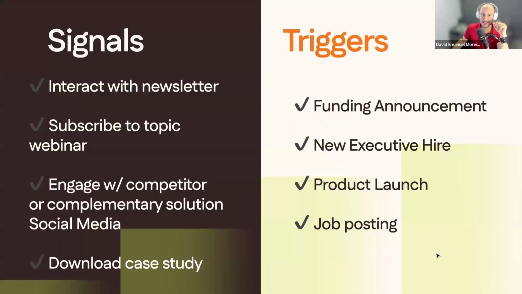Let's say you already have a website and you have a newsletter on it. In this case, you can detect when a new subscriber signs up for your newsletter and use that as a trigger, and that would be a signal and a trigger.